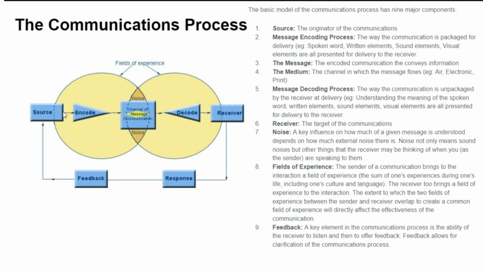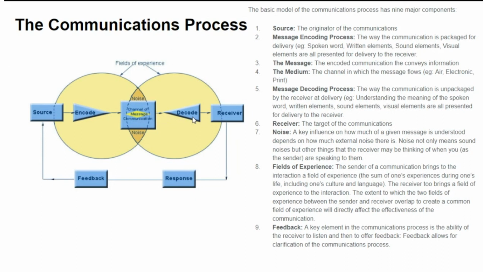I'm speaking English. Now, the thing is, it's going to get sent through this magic channel called the channel of communication. And when it comes out the other side, you, in your brain, have to decode it. Now, if you don't speak English and you don't understand English, there's no way for you to decode it.